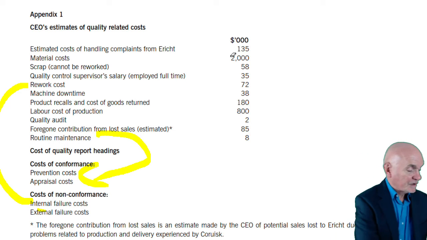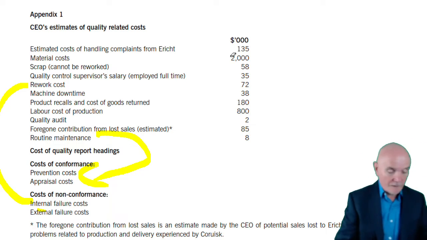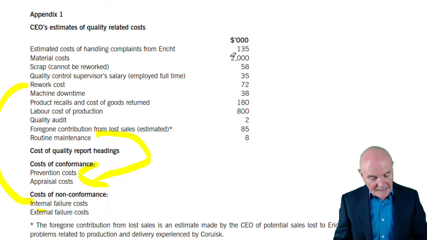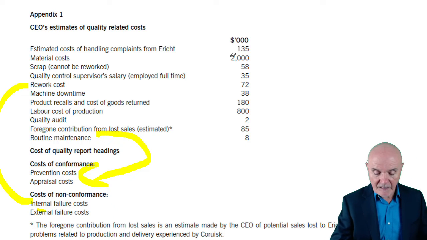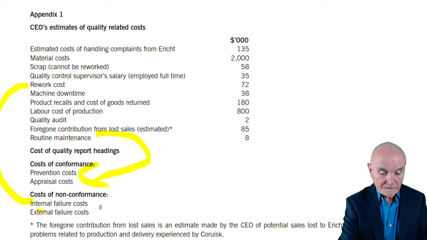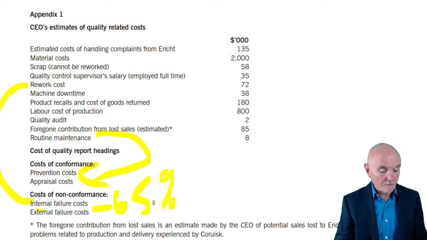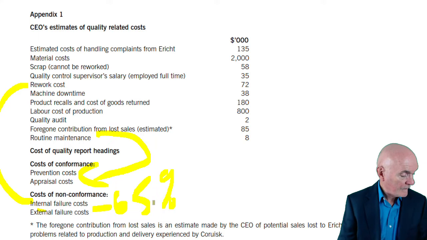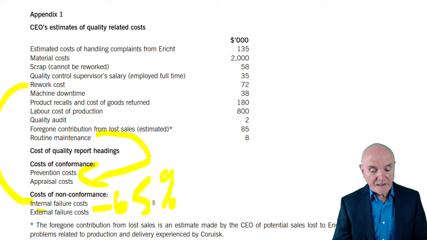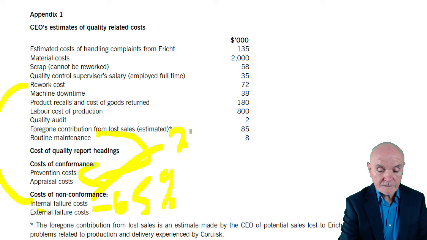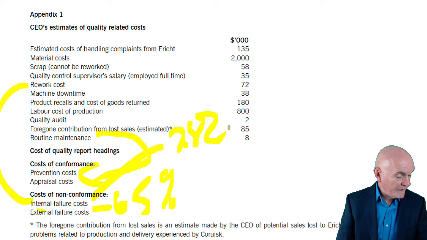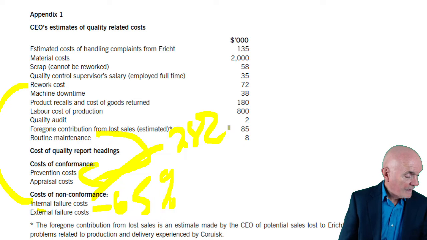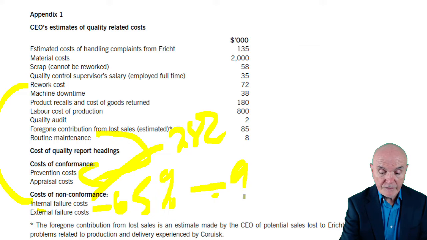costs, let me just check how much it was from my answer, I think it was about 80% or something. No, it was 65% of the quality costs were to do with external failure costs. Another 28 was to do with internal failure costs. And the total costs in general, that was 9% of revenue.